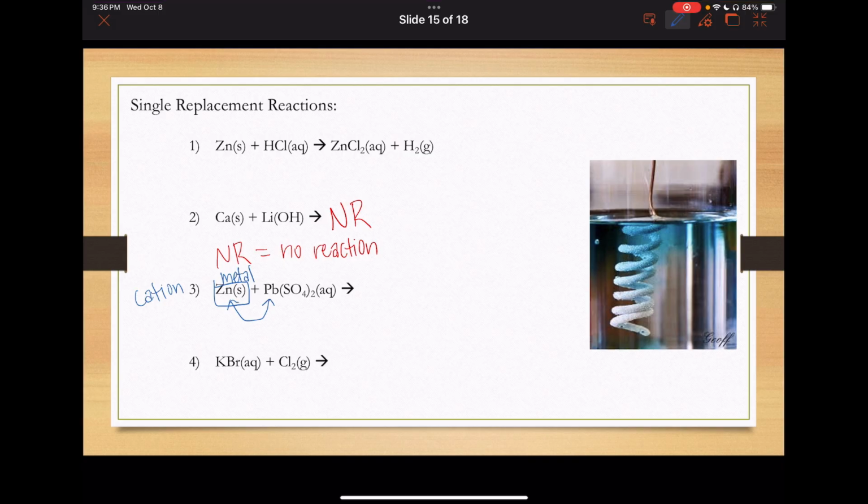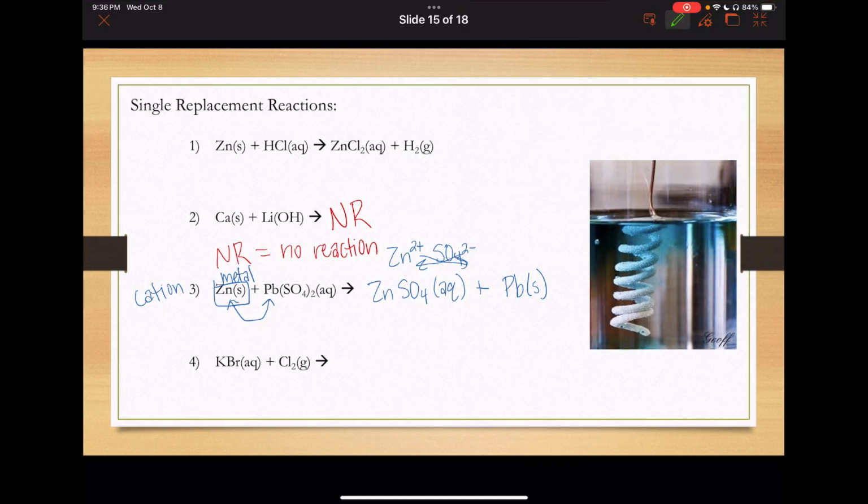To write the formula for zinc sulfate, Zn 2 plus, SO4 2 minus, swap and drop. So it'll be ZnSO4, and sulfates are soluble, plus lead by itself, which is a solid.